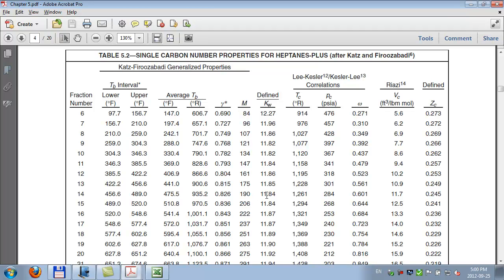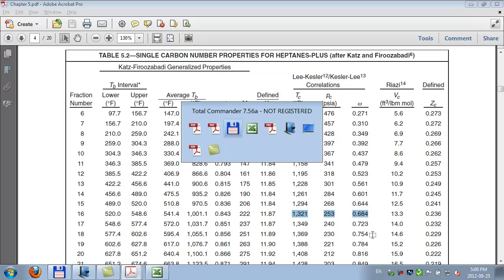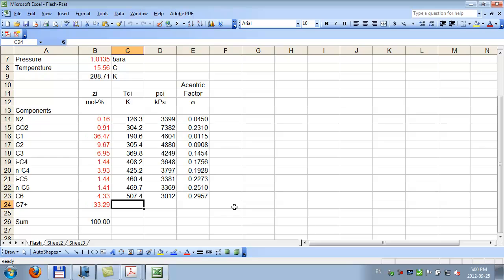So it's 218. That's close to 222, right? For the kind of thing we're doing, it's close enough. So we're going to pick up the critical pressure, temperature, and eccentric factor there. Those are in the wrong units, but we'll just bring them over.